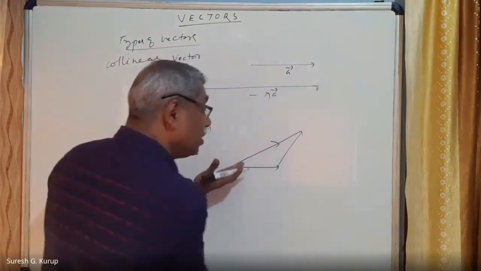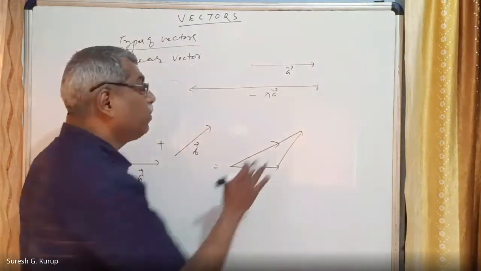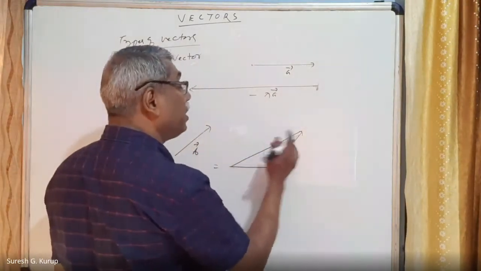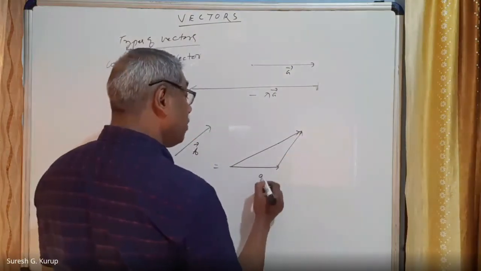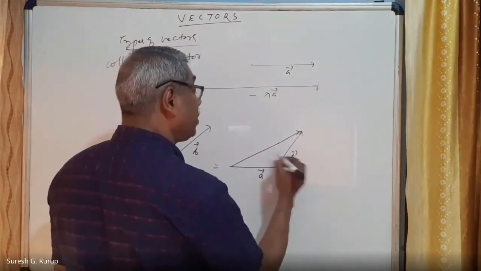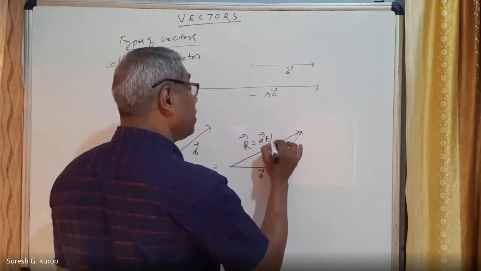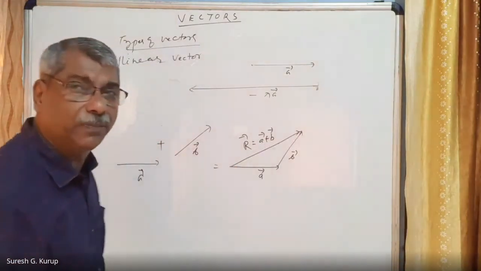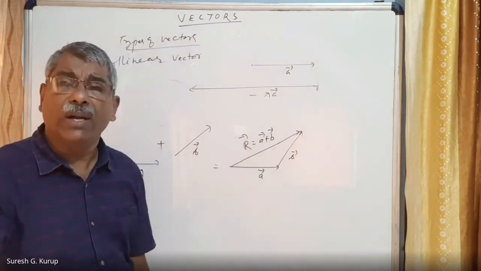Reversed means this is in order and the other is in the reversed order. We can mark the arrow here also, right? So suppose this is vector A, this is vector B, and this is the resultant vector R, equal to vector A plus vector B. So this is what is called the triangle law of addition of vectors.